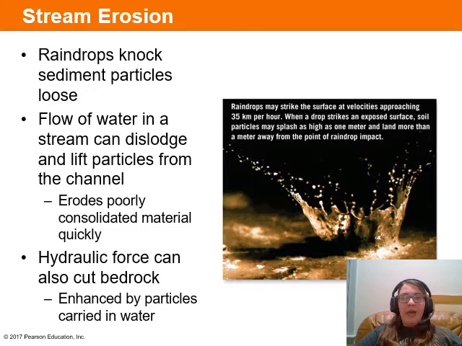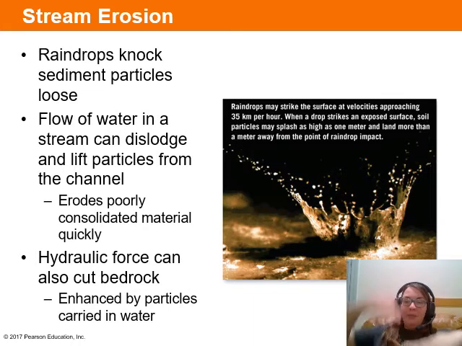So when we look at our streams, we want to think about how incredibly powerful water will be. Even if we just look at a rainstorm, even though we might not think that a single drop of rain has a lot of power, in actuality, it does. So in this image, we're looking at a raindrop that has come and hit the surface of some sediment.